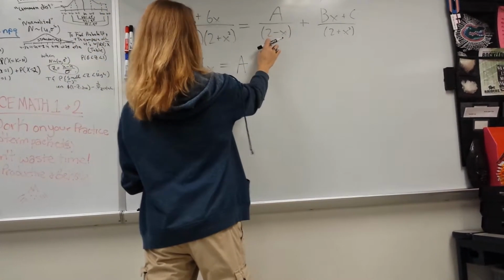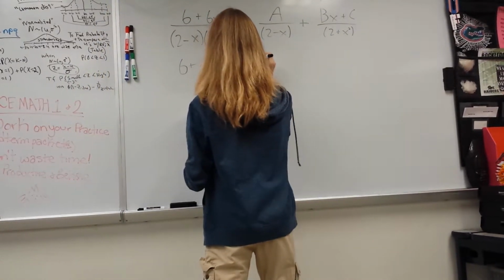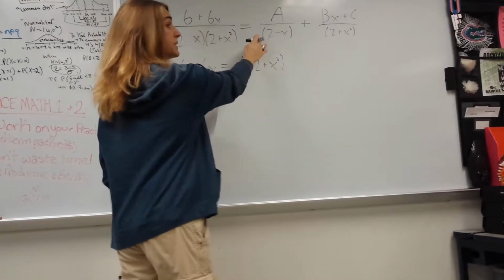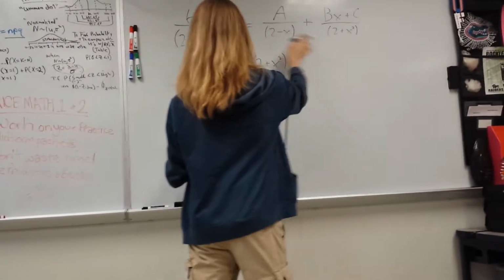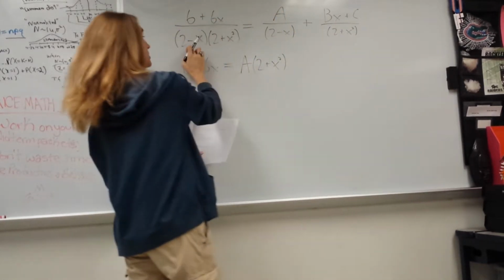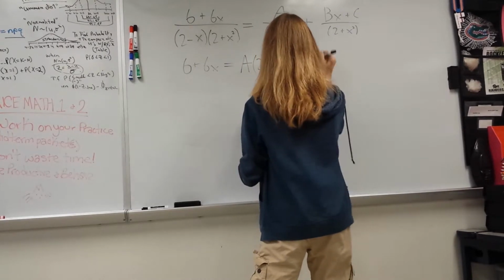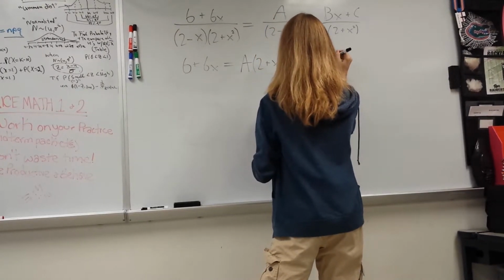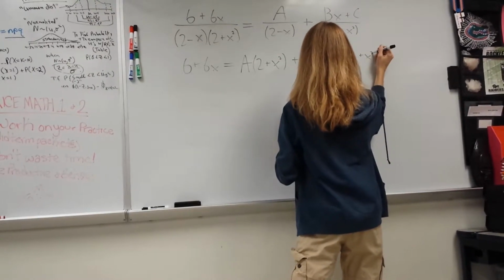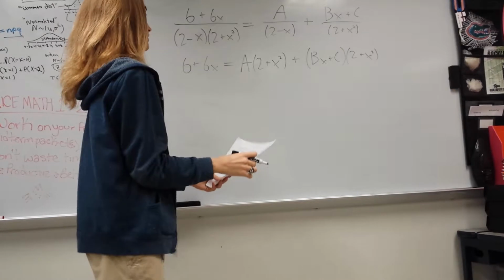However, this is in the denominator, so this is going to cancel with this, and we're only left with the remaining roots that are not in the denominator of this fraction. Same thing here. Multiplied by both of these are in the numerator. This one cancels with this one, so we just have the 2 minus x left. So it's going to be plus, in parentheses, bx plus c times 2 plus x squared. So we set it up like that. And now we can solve with variables.